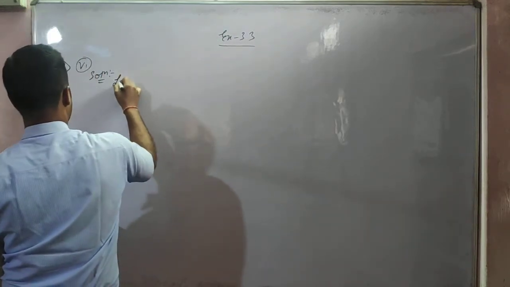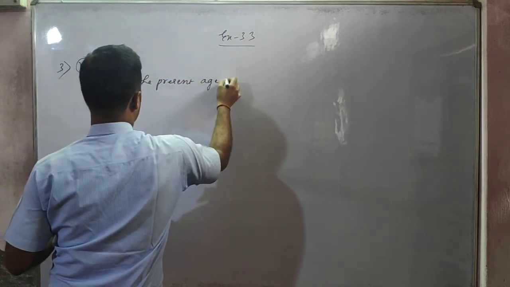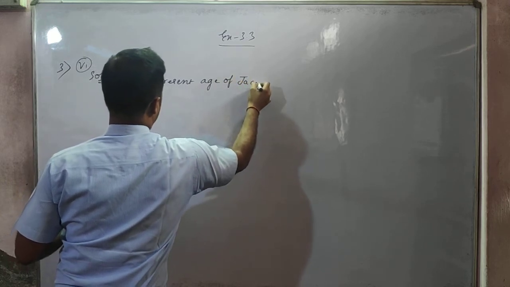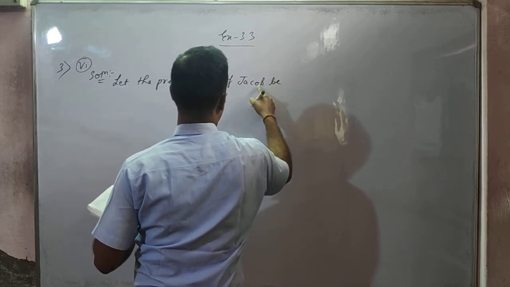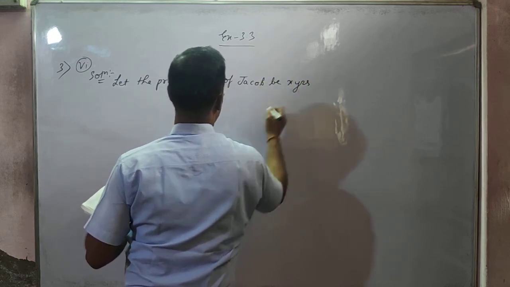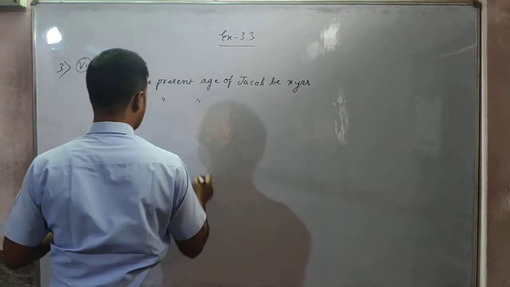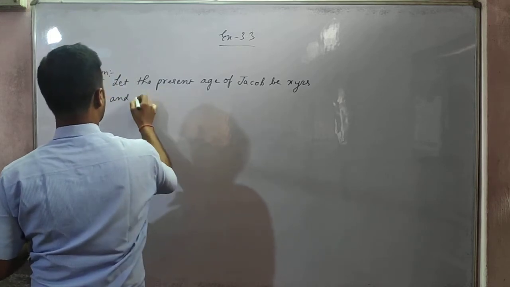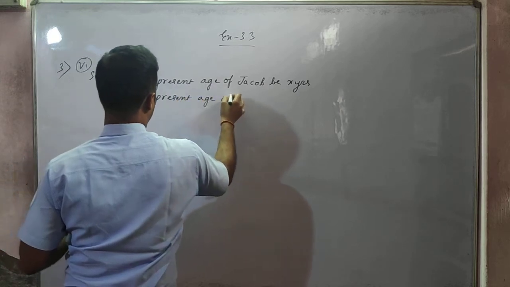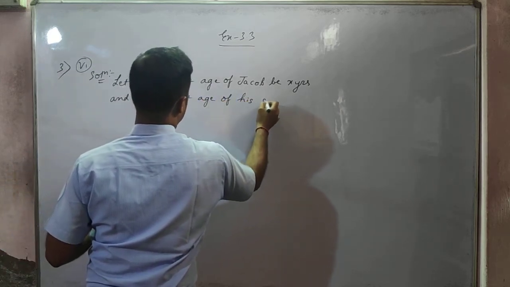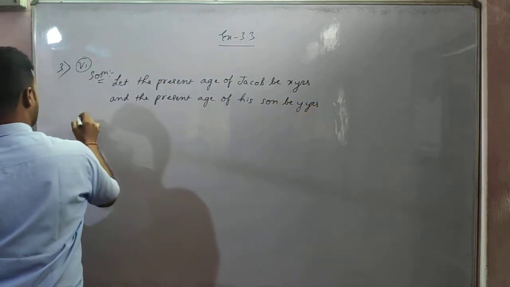So let the present age of Jacob be x years, and the present age of his son be y years.